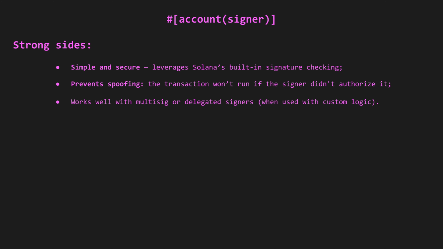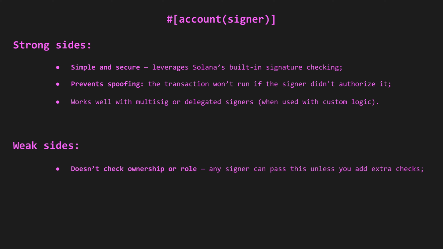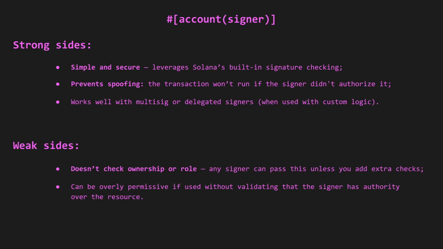Its weak sides are that it doesn't check ownership or role, and can be overly permissive if used without validating that the signer has authority over the resource. Best practice is to always combine signer with role verification. For example, checking that the signer matches the state authority or similar field.